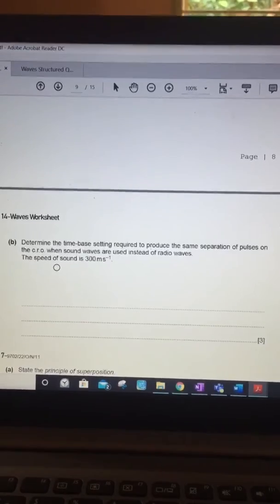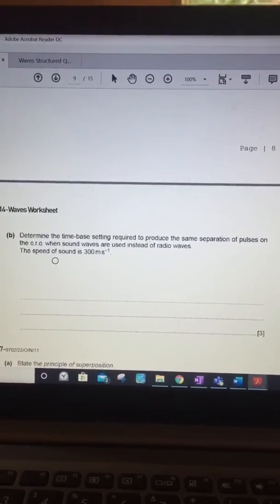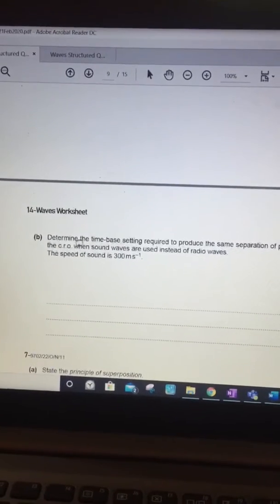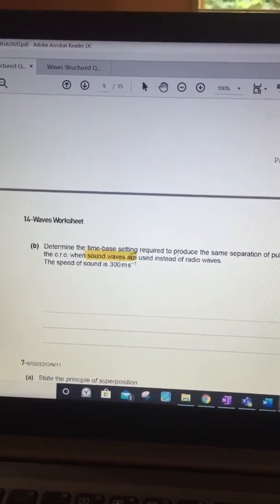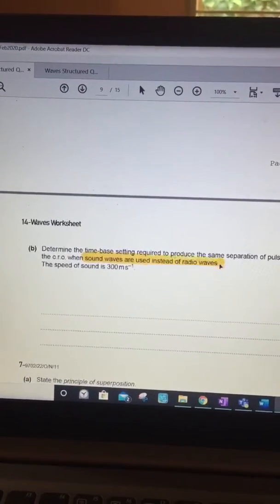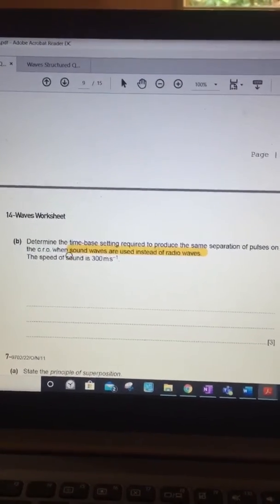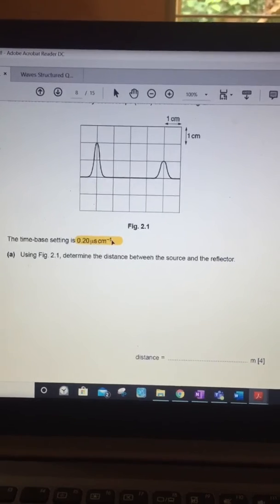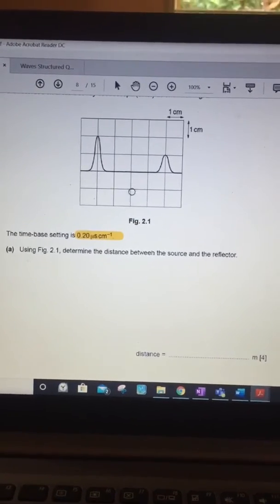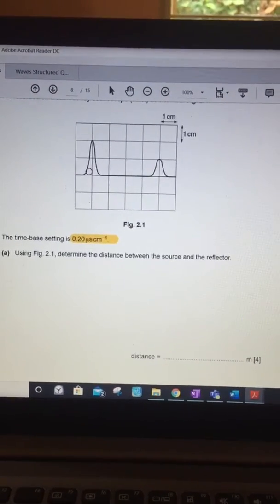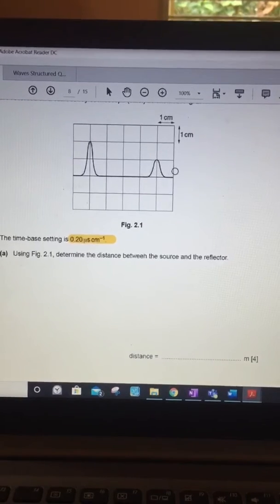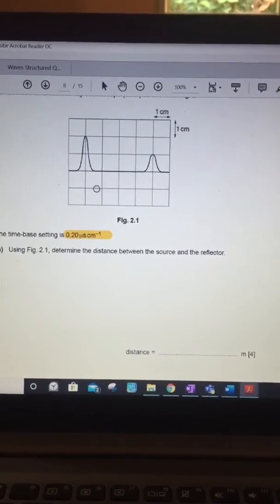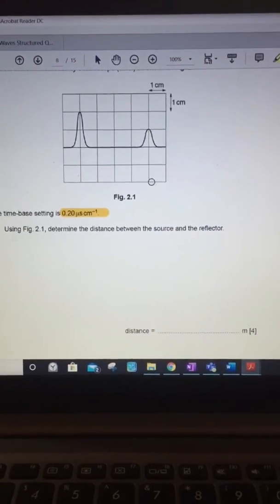Now the next part: determine the time-base setting required to produce the same separation of pulses on the CRO when sound waves are used instead of radio waves. So instead of radio waves, if you use sound waves, what would be the time-base setting, the scale you would use? That scale should mean that the time taken for the sound wave to travel also occupies 4 centimeters.